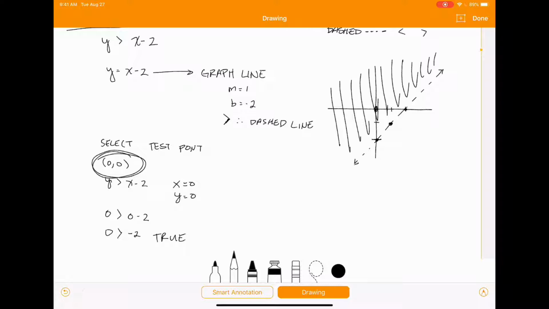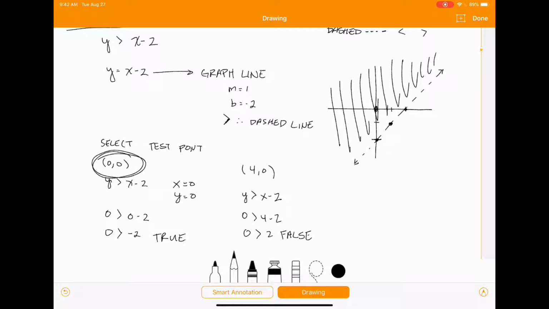Now, if you chose a different test point, say for example, if you selected 4, 0 as your test point, you'd come in and you plug this back into your inequality, so y greater than x minus 2. So y is 0 greater than x, which is 4 minus 2. 0 is greater than 2. That's false.